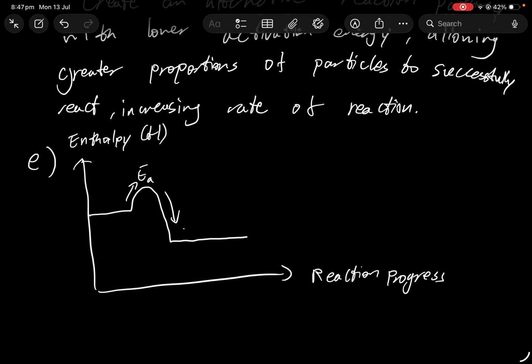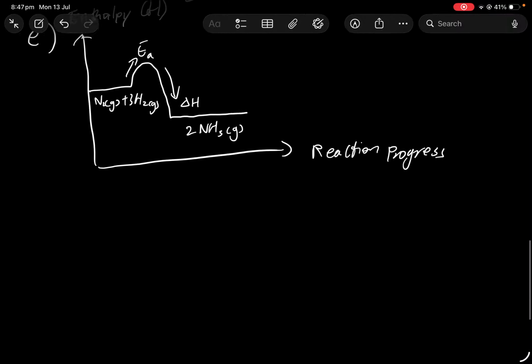This is change in heat, and then this will become the products, which is the 2NH3 gas, and this is the N2 gas plus 3H2 gas. And that's basically it for this question.